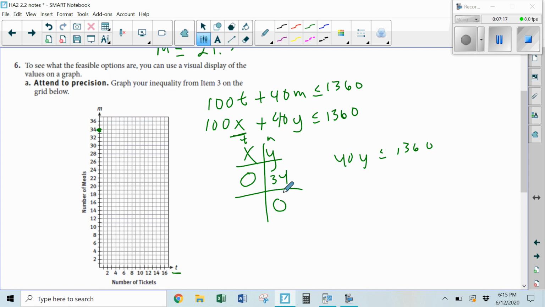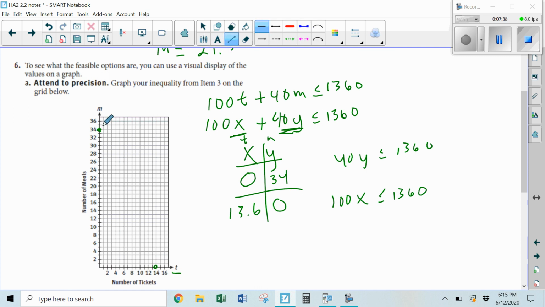If I plug in a 0 for y, that's going to be 100x plus 0, which you don't have to write. Divide that by 100, you get 13.6. So plot the point 13.6, 0. It's a little bit hard to plot. Connect the two.